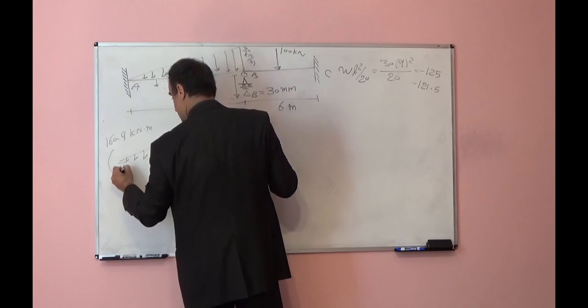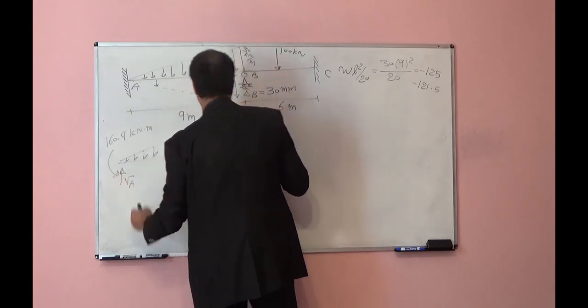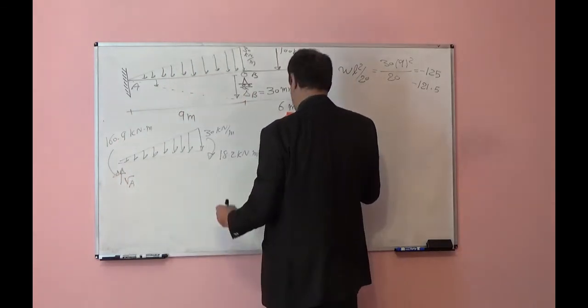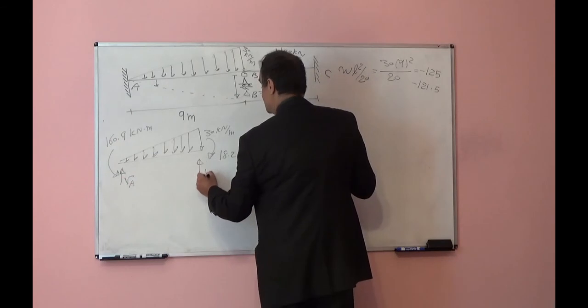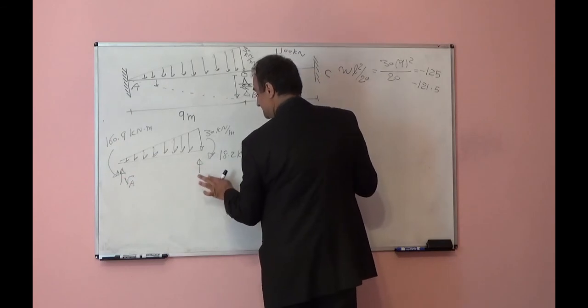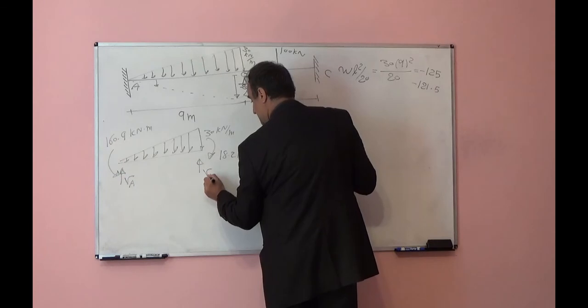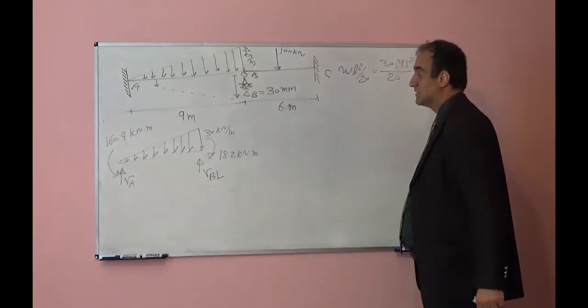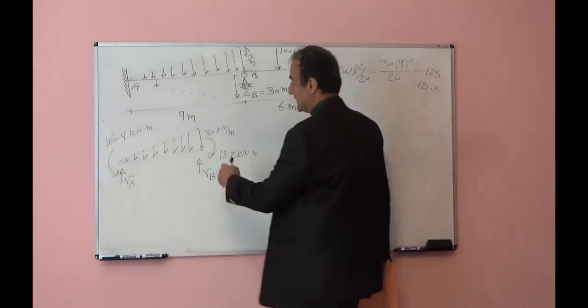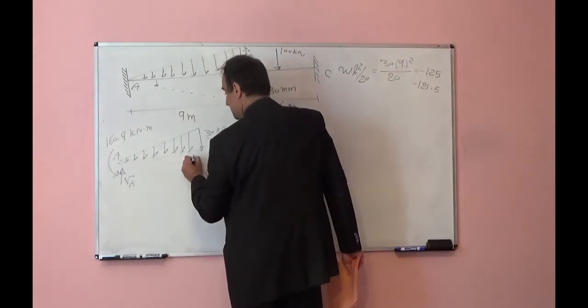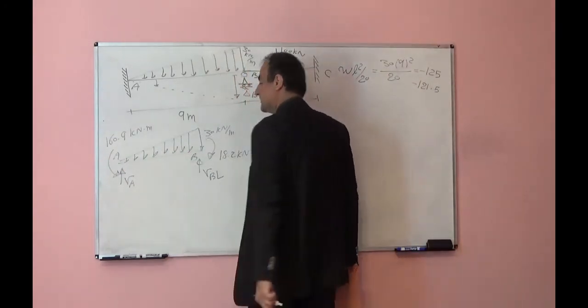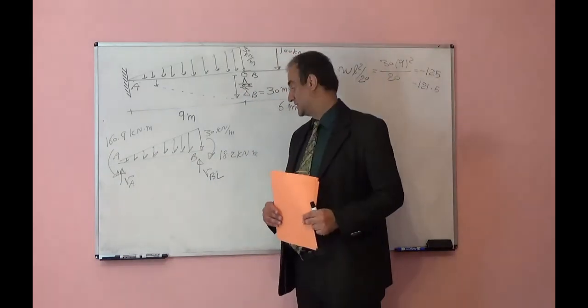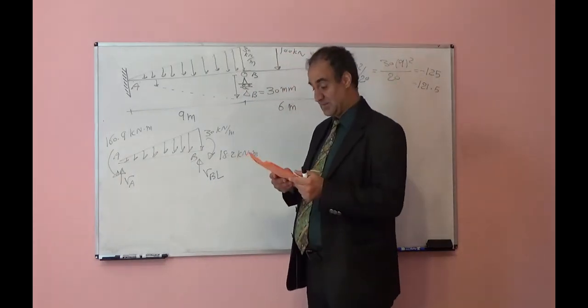So you can find VA here, and VB left here. Summation of moment with respect to point B, you can find VA. Summation of forces in the vertical direction, you can find VB left.